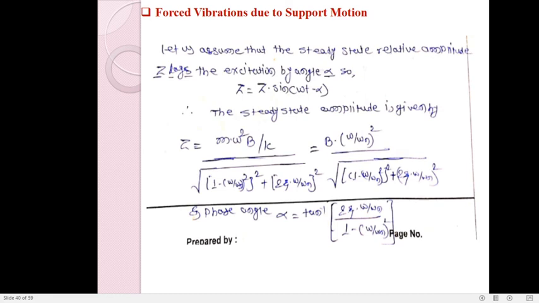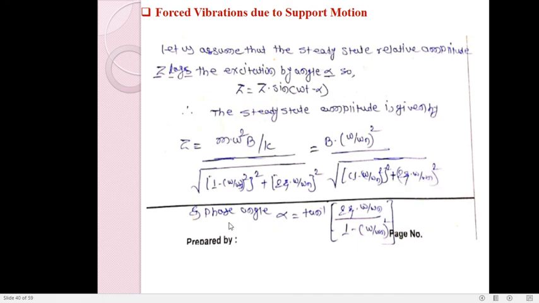Therefore the steady state amplitude can be given as Z is equal to m omega square b upon k times the square root of [(1 minus (omega upon omega n) square) square plus (2 xi omega upon omega n) square].